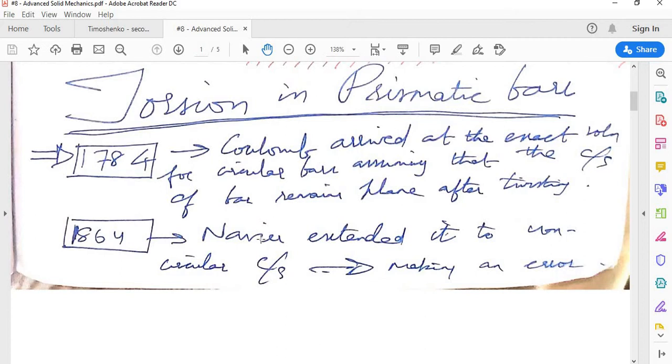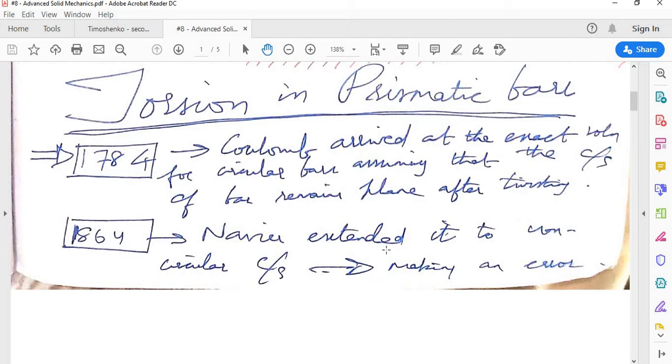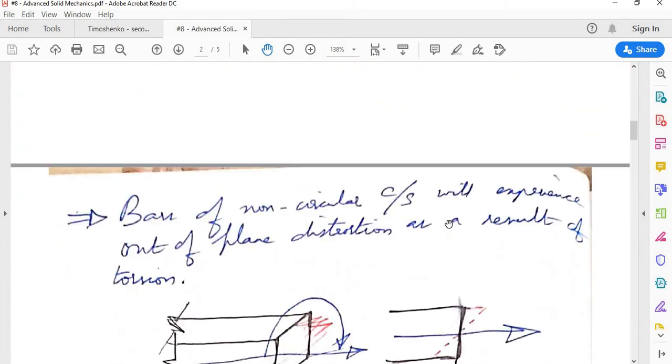But in the process he made an error. Whatever formulations he arrived at were a little erroneous, in the sense that he failed to account for the phenomenon of warping, which is present in non-circular cross sections subjected to torsion. Now what is warping? We'll look into that.